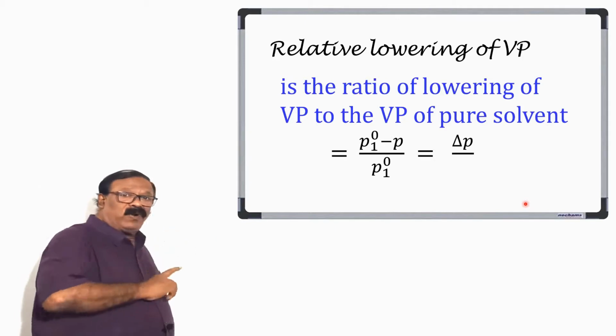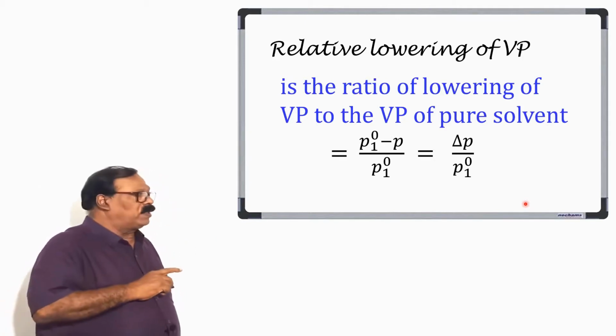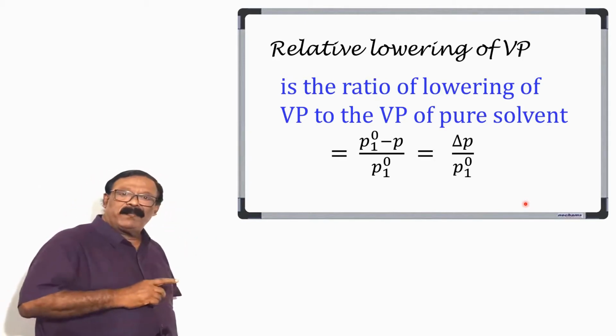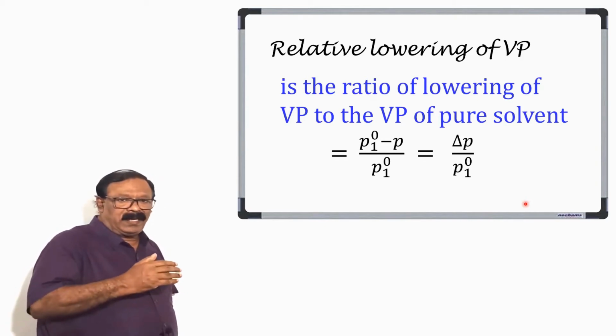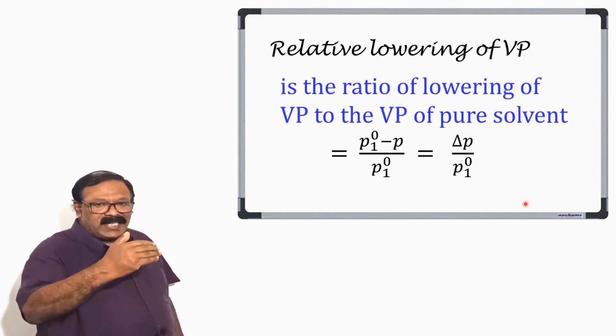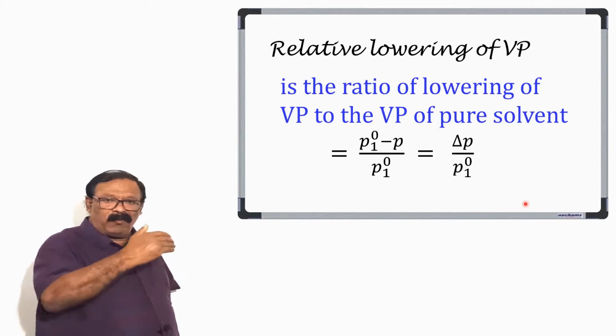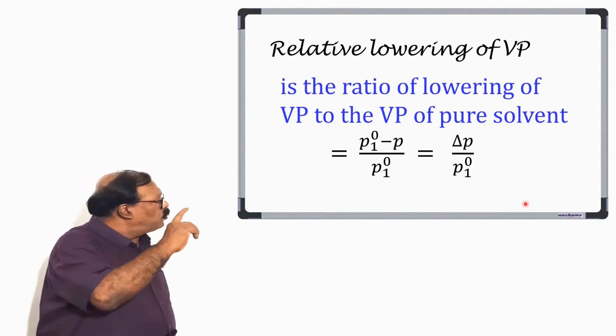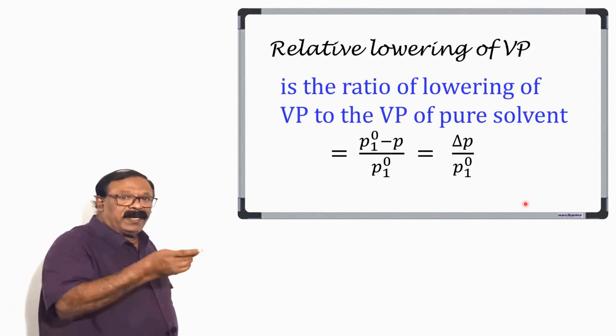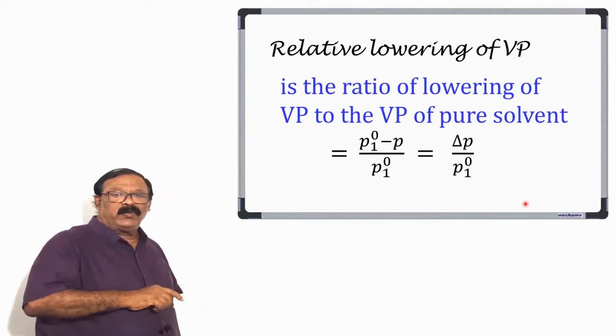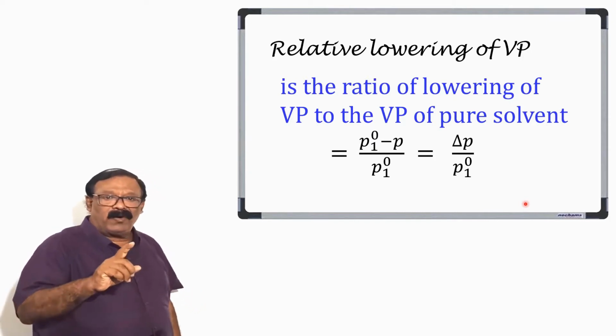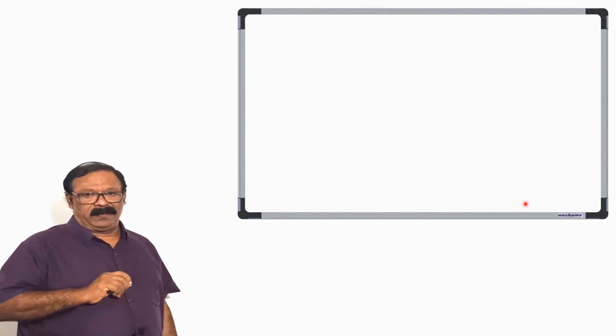If P01 is the vapor pressure of the pure solvent and P is the vapor pressure of the solution, then P01 minus P will give the lowering of vapor pressure, and P01 minus P by P01 will give you the relative lowering of vapor pressure.